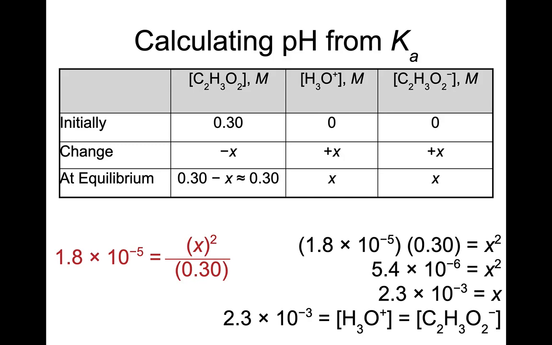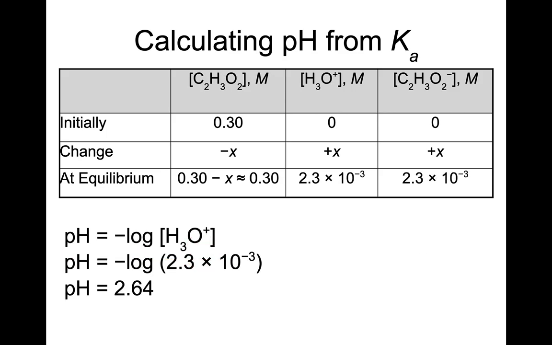So we get that the concentration of hydronium ions is equal to about 2.3 times 10 to the negative third. Finally, that concentration is what we will plug into our pH equation to calculate the pH of our solution. This 2.64 would be our final answer here.